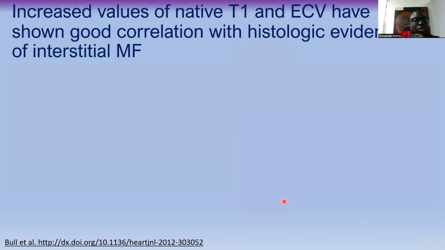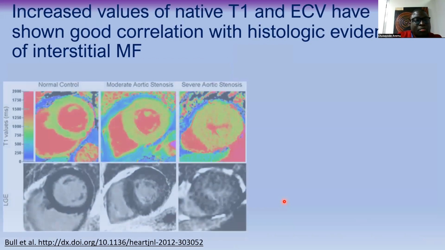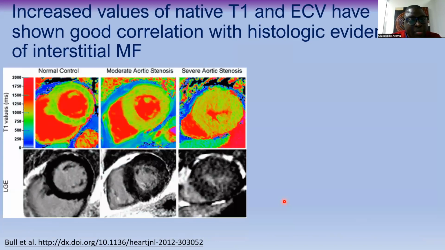So just some few cases where there is a show of increased value of native T1. They have shown good correlation with histologic evidence of interstitial myocardial fibrosis.